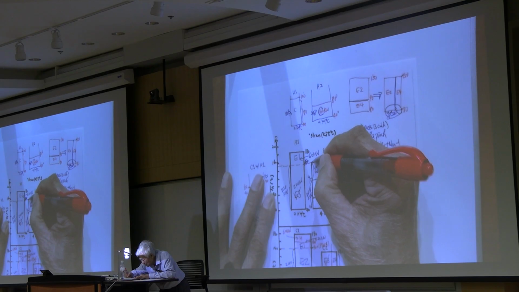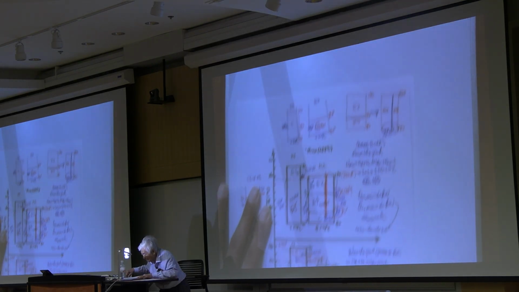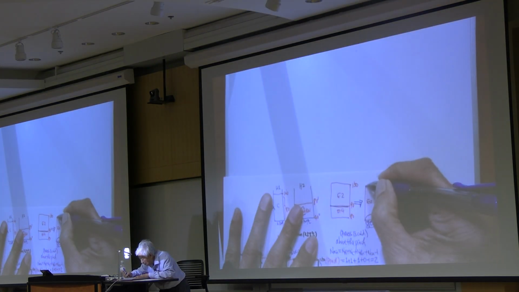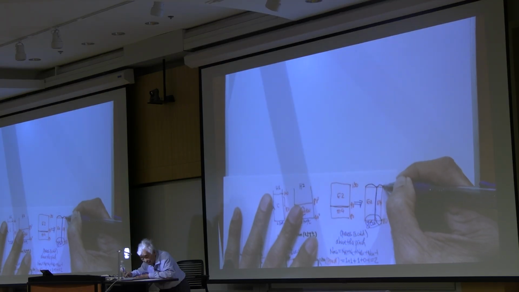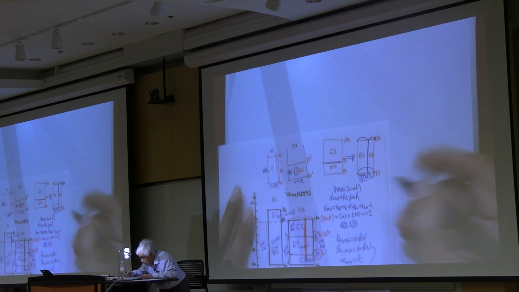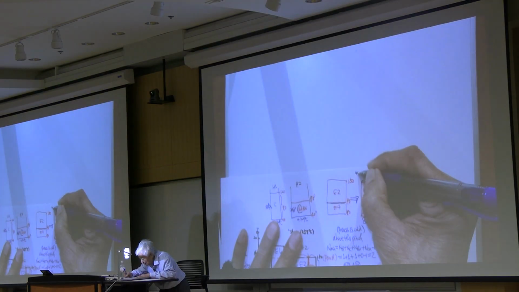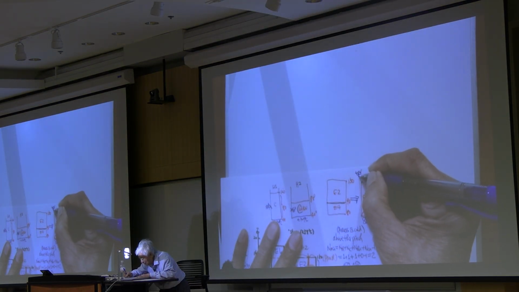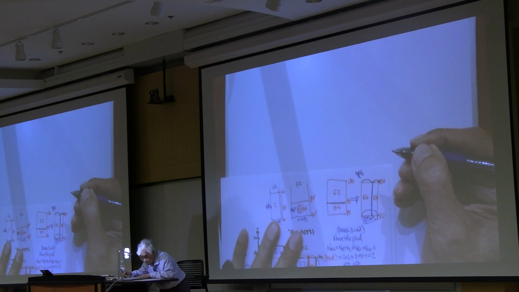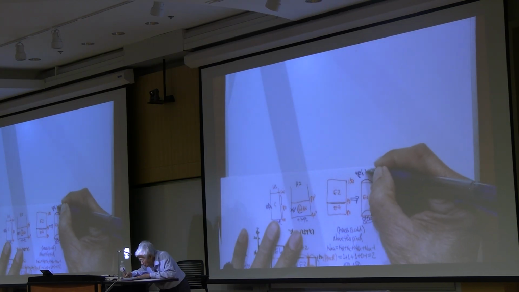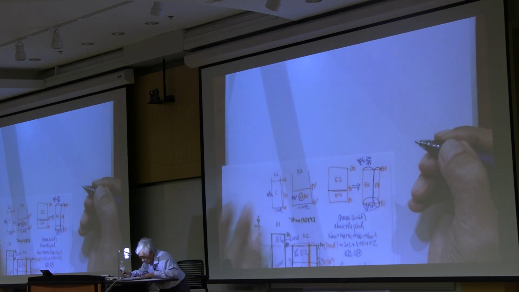Distance. This distance. Okay. What is this? What is that? This whole thing is 4 kilowatt per degree C times 240 over 280. Why?